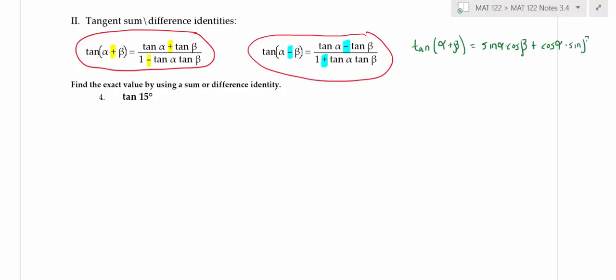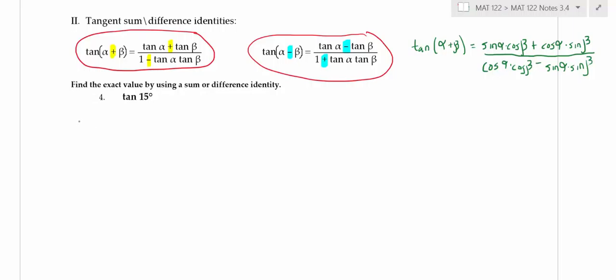That is the sine identity. Then the cosine identity is cosine alpha times cosine beta, different sign, sine alpha, sine beta. If you worked with that a little bit, you would end up getting the tangent identity out of that expression. So that's kind of a good exercise to do.